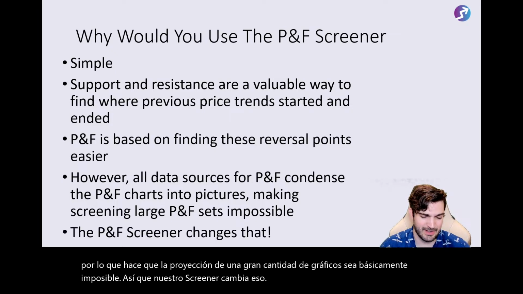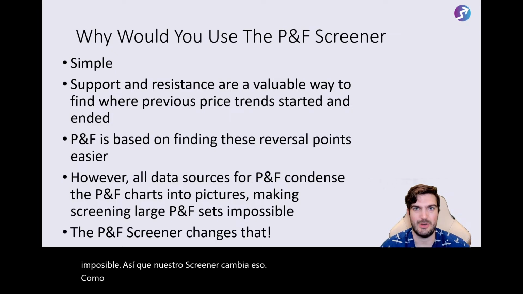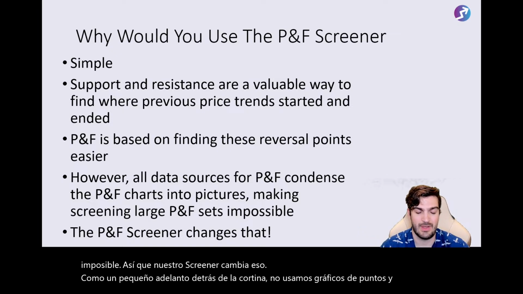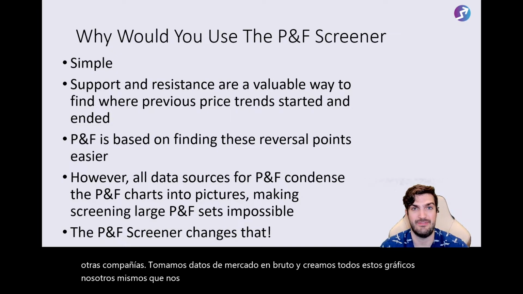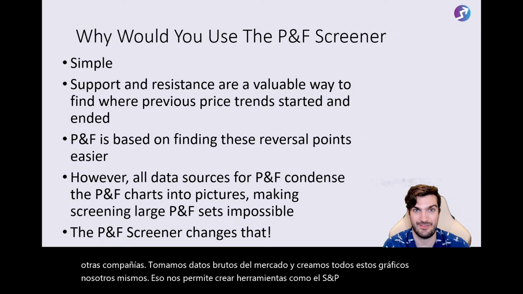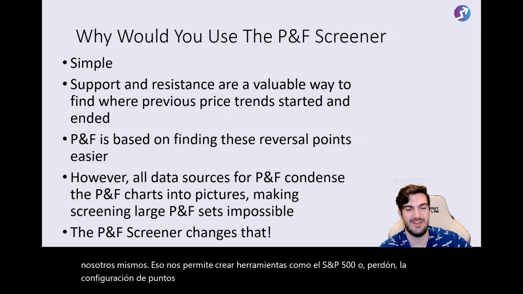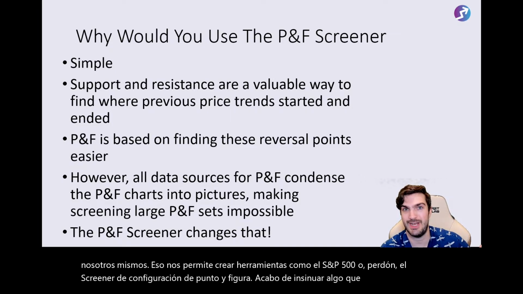As a little bit of a sneak peek behind the curtain, we do not use point and figure charts from other companies. We take in raw market data and we create all of these charts ourselves. That allows us to create tools like the S&P 500 point and figure setup screener. I just hinted at something that's coming next week. Yay, foreshadowing.